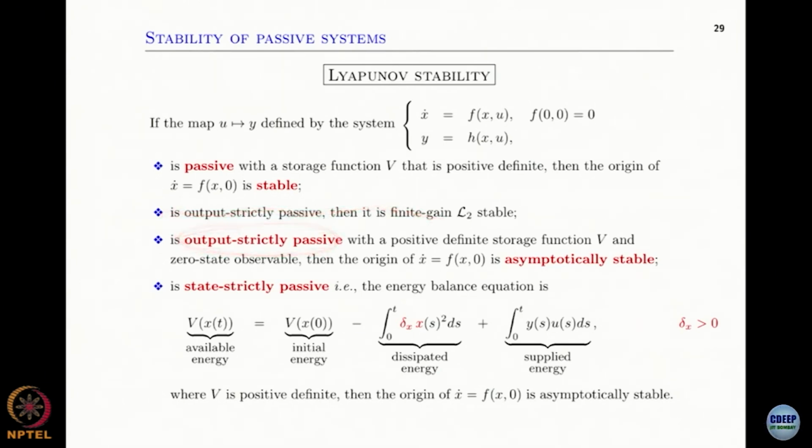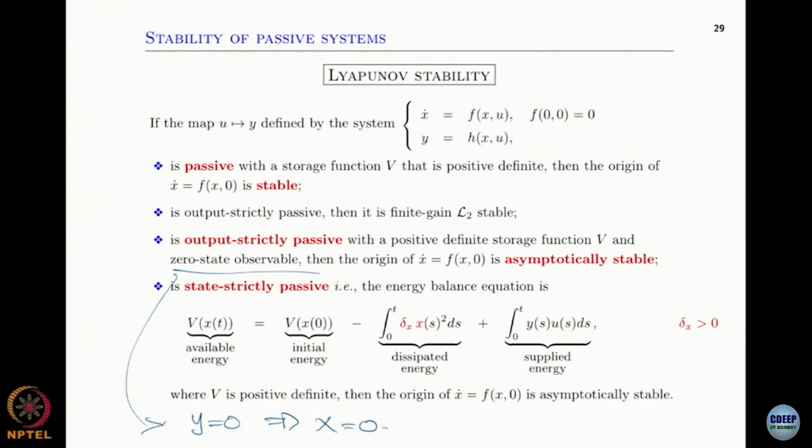If I have output strict passivity, that means I have friction in my system, and then the system will be asymptotically stable if, in addition to being output strictly passive, it is also zero state observable. Okay, so zero state observability, I don't know if you have seen this, means that y equal to 0 implies that x is equal to 0.